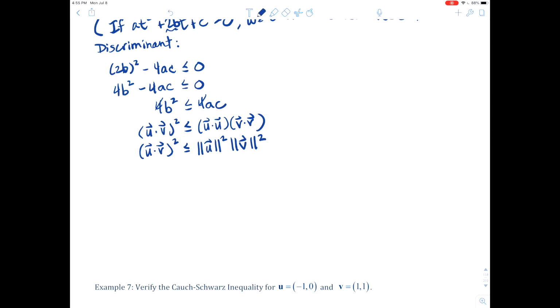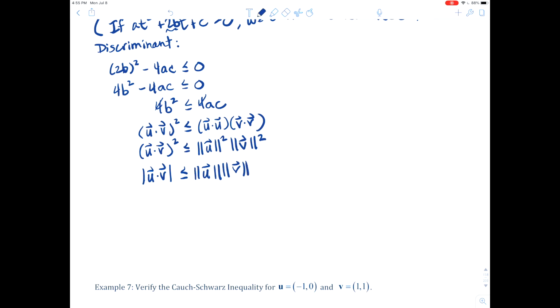Cool? And we know that V is positive or 0. And so if we evaluated, think about evaluating the square root, we would end up getting the absolute value of U dot V is less than or equal to what? The magnitude of U times the magnitude of V.